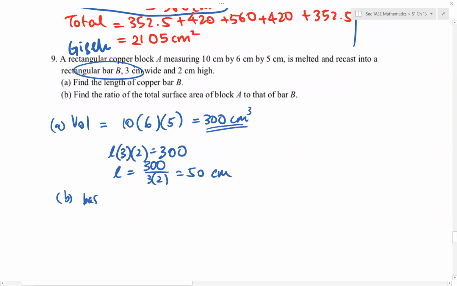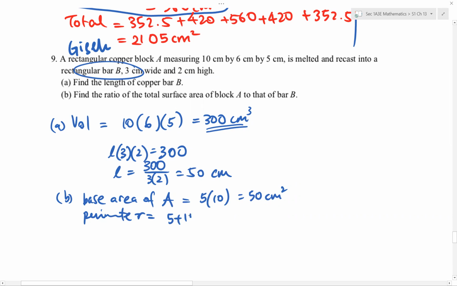Okay, base area of A equals 5 times 10, is it? Do you say 5 times 10? Okay, 10, 50. Perimeter equals to? Wow, okay. She shortcut it further. So that will be 30.